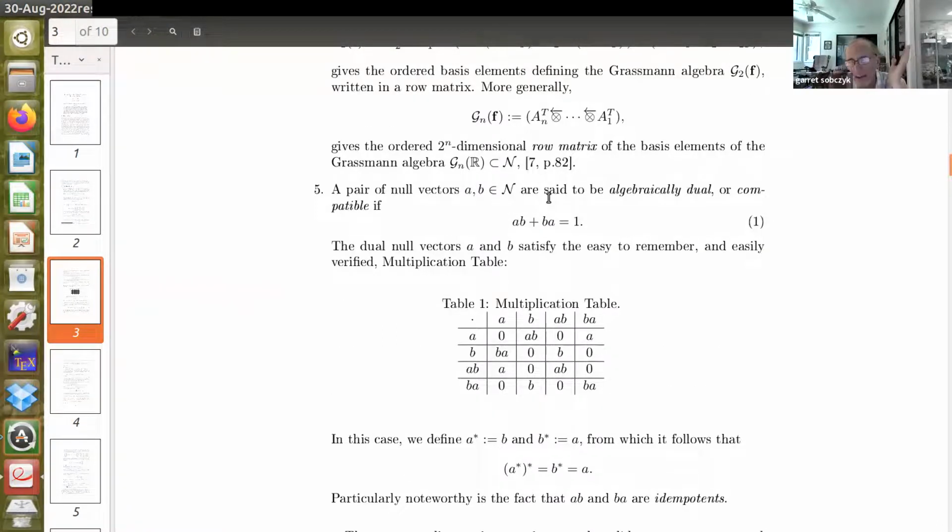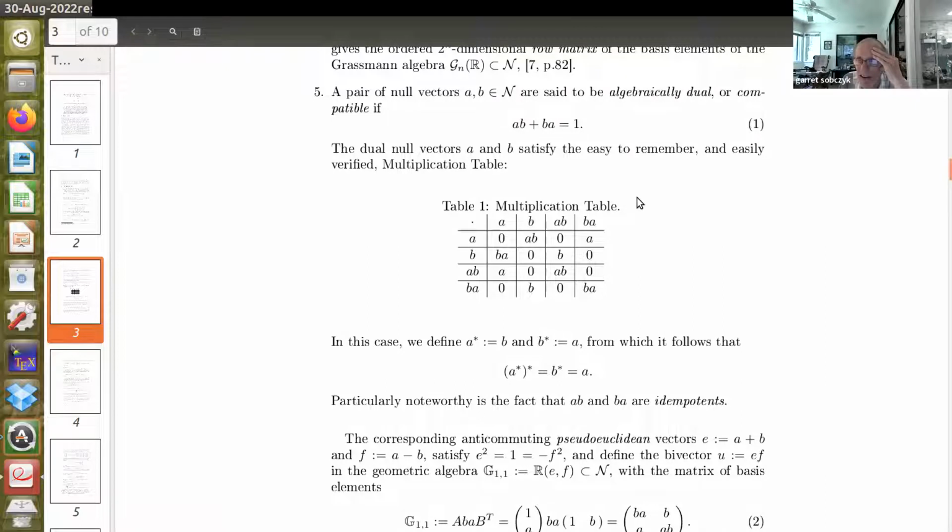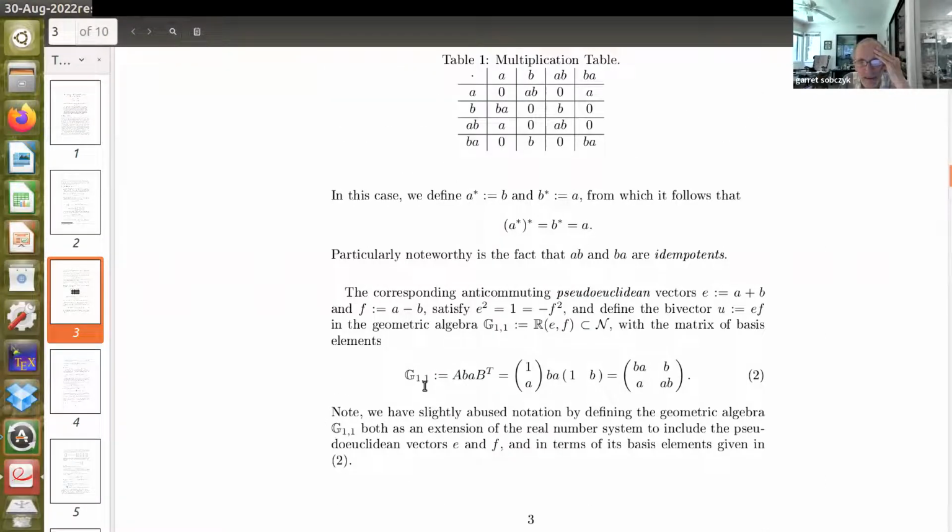I'm thinking about this new algebra generated by these null vectors A and B. Those are my generators of the Clifford algebra G11. This is the way I get it: I take A, I put BA in the middle.